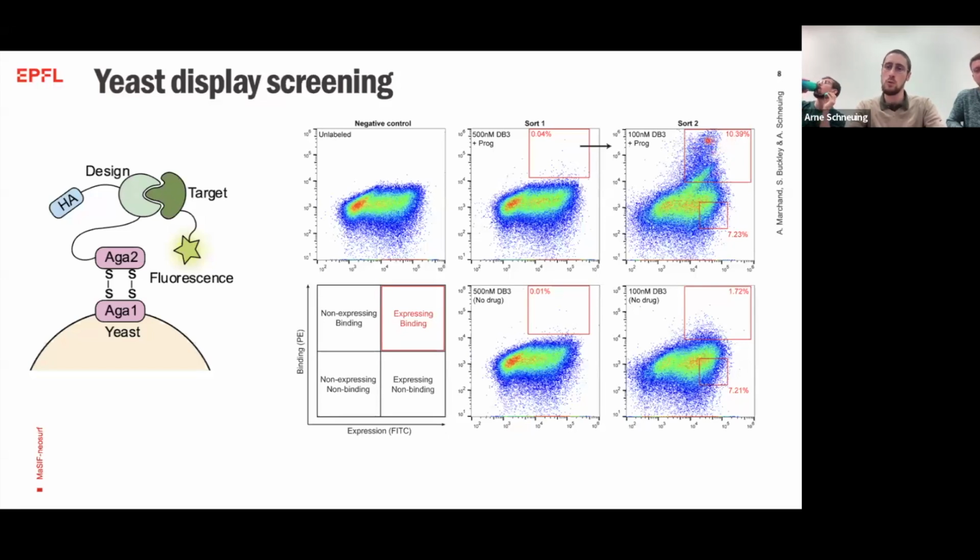What we do is sort the binding population again and also a little bit of the non-binding population, so that when we go for deep sequencing of this yeast, we can normalize how many times each design is in a binding population versus in a non-binding population. It's just a way to do signal normalization and to see how much enrichment you get for each design.